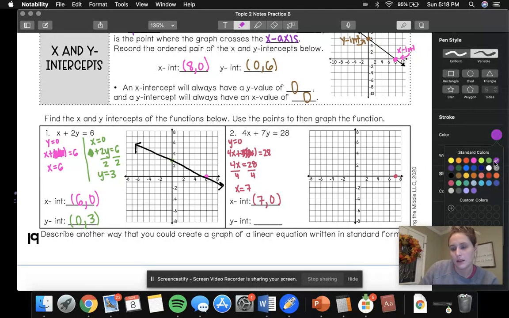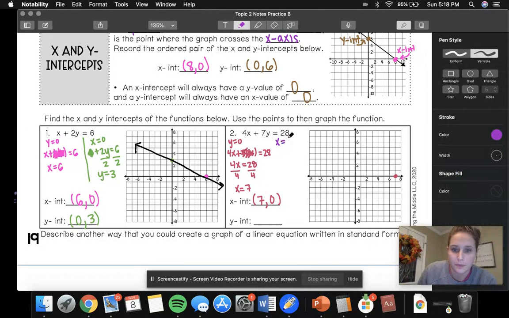Okay. For our y-intercept, that is when x equals 0. So again, I'm going to rewrite the original function, but instead of x, this time I'm going to put 0. 4 times 0 is 0, and I'm just left with 7y equaling 28. Divide by 7, and I get y equals 4.